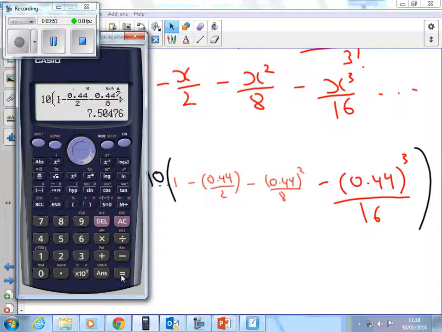Okay. 7.50476. Yeah. So that is using the binomial expansion.